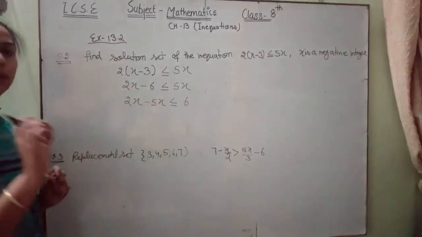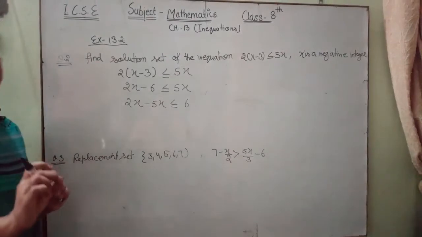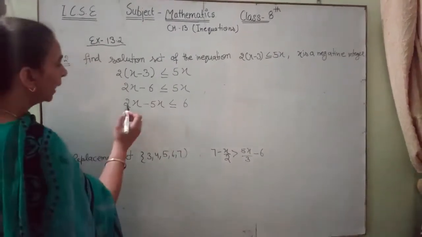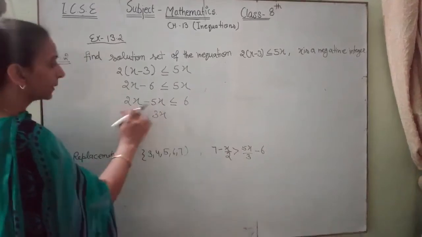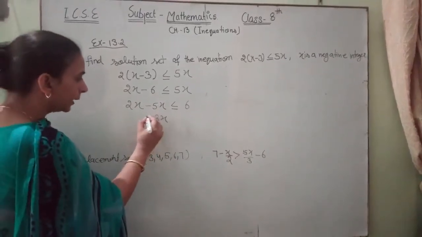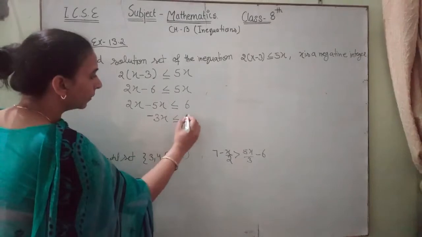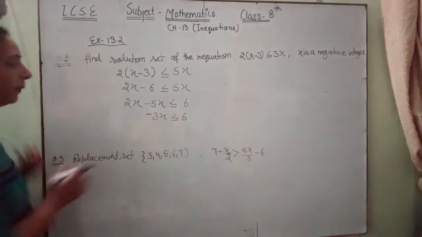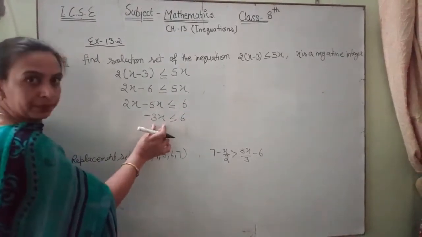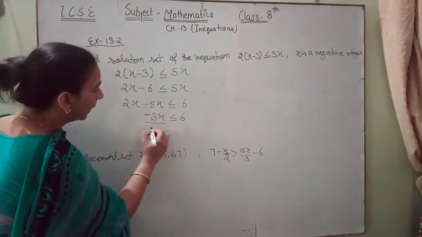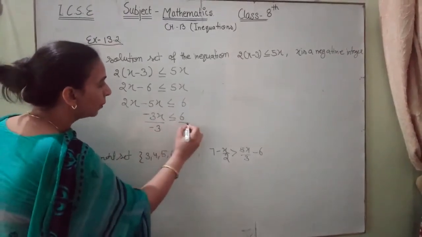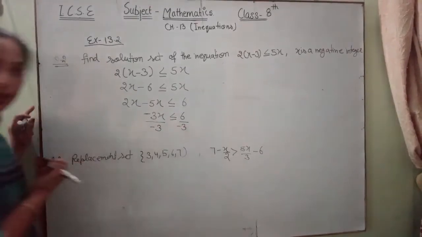If we divide or multiply by a negative number, then we change the sign of the inequality. 2x minus 5x is minus 3x, so minus 3x less than or equal to 6. We take only the x term, then we divide both sides by minus 3.